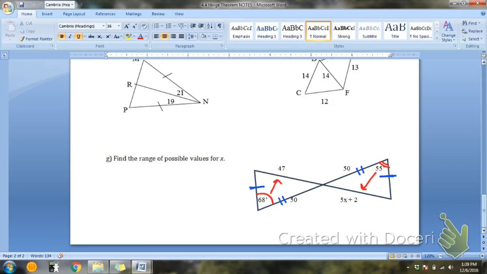Is X a side or is X an angle? Look at where X is. Is it a side or is it an angle? I see a side. X is representing a side.